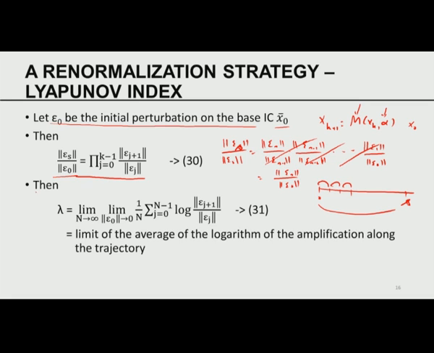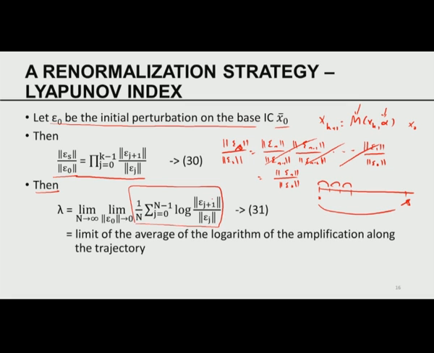So then from our definition, what is lambda, the Lyapunov index? The Lyapunov index is the average of the log of the ratio. So I have to take the log of both sides. The log of the product is the sum of the logs.